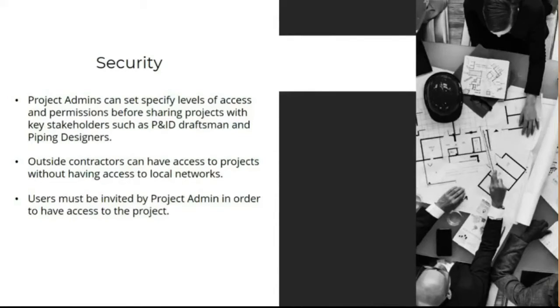Well, the way that BIM 360 fights this is they have permissions. You can go through and set permissions for your P&ID draftsmen, your designers, project managers, anybody that would contribute to the project. The project admins can control who has access to that. And the same with outside contractors.